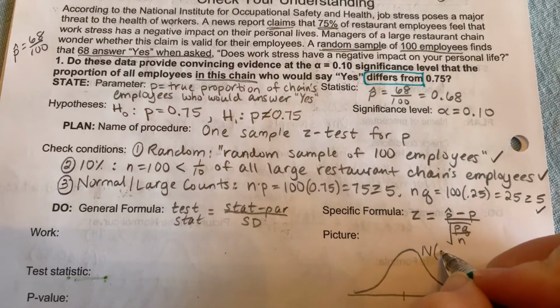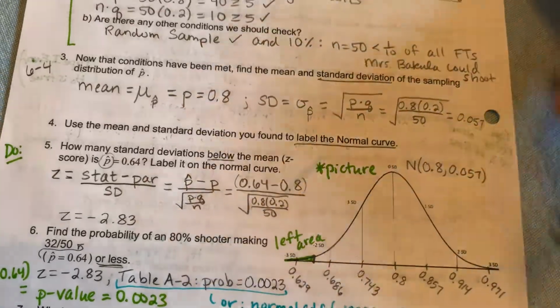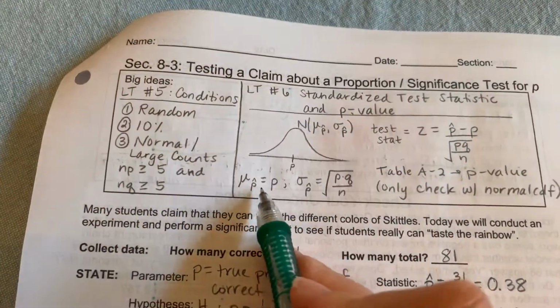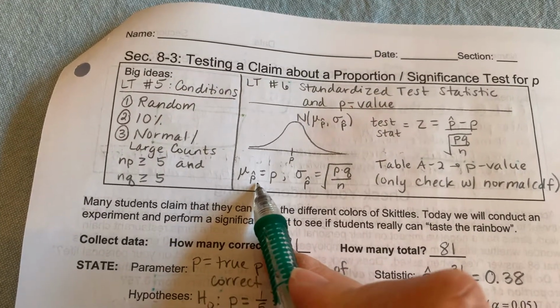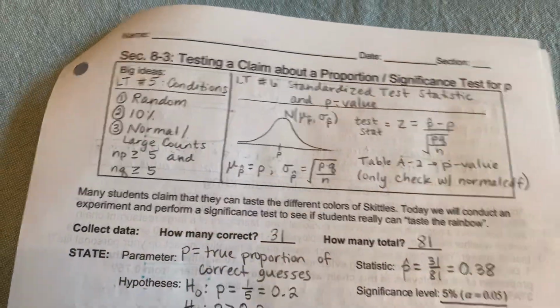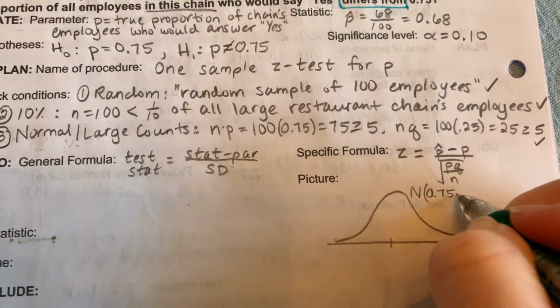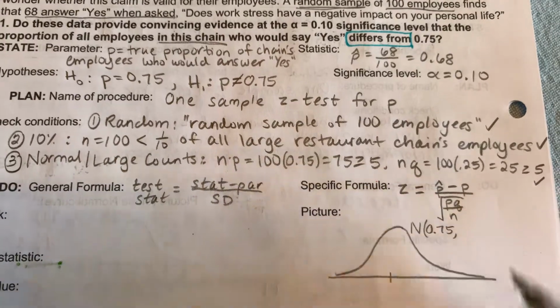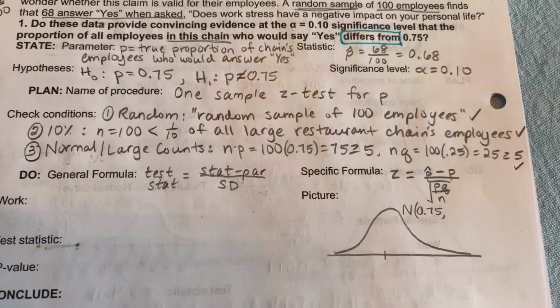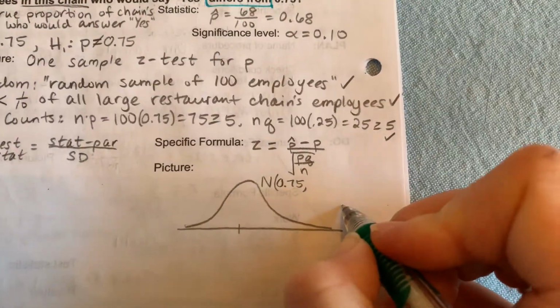My mean, right, if I go back to my big ideas here on the previous page, the mean of sample proportions is p, and my standard deviation is the square root of p times q divided by n. So let's see, p for us we're assuming to be 0.75, so that's going to be the mean of my normal curve, and then I need to calculate what my standard deviation will actually be. So I'm just going to do that out to the side over here.